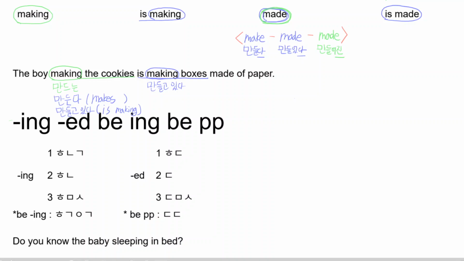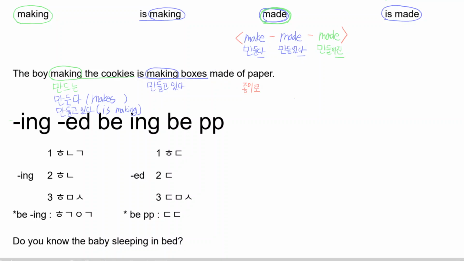Okay? Here we have made of paper. Of paper means 종이로. What do you think made here means? Do you think we should mark made with green, or do you think we should mark this with blue?